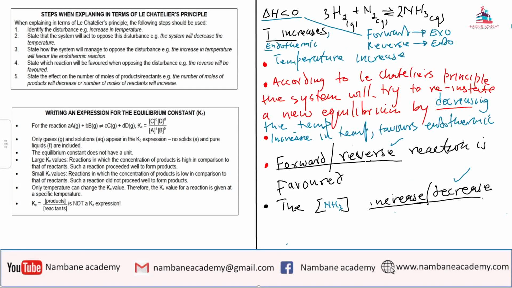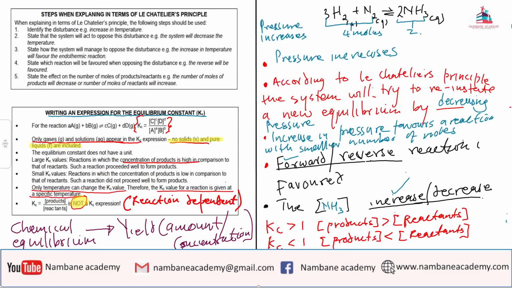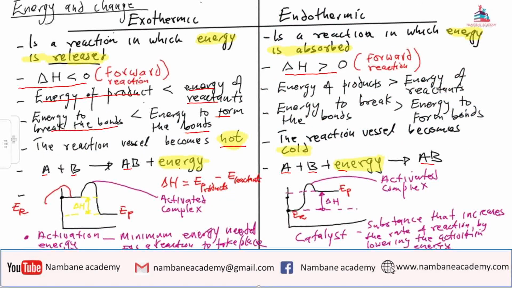So this was for temperature. This was an explanation in terms of pressure. So we explained the application of Le Chatelier's principle in the best possible way we can. We looked into, especially when working with the factor which is temperature, how best one can identify whether a reaction is exothermic or endothermic, because for temperature it relies solely on one knowing exactly if the reaction is exothermic or endothermic.